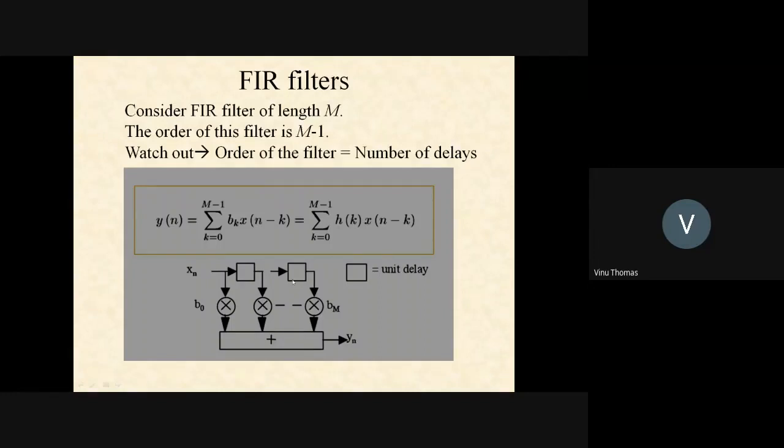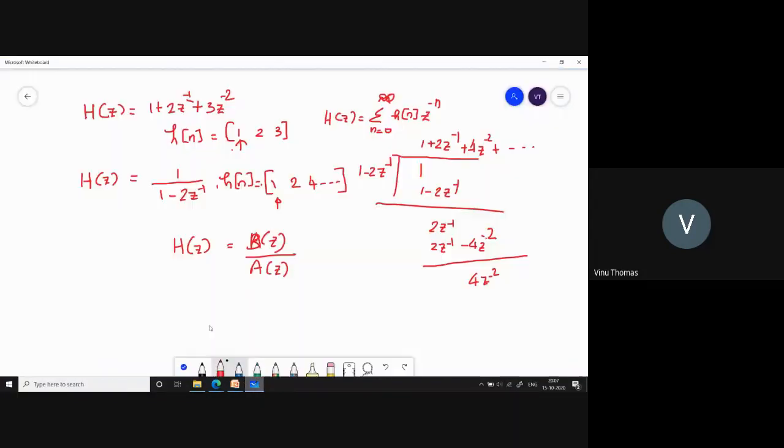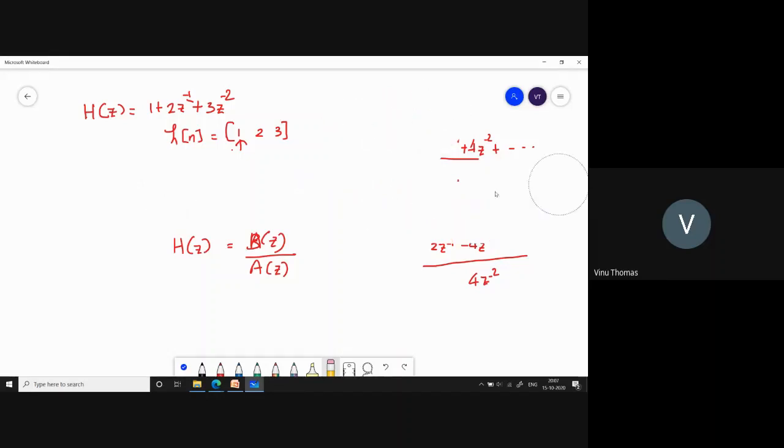So let us look at this equation. Let us go back to the whiteboard.